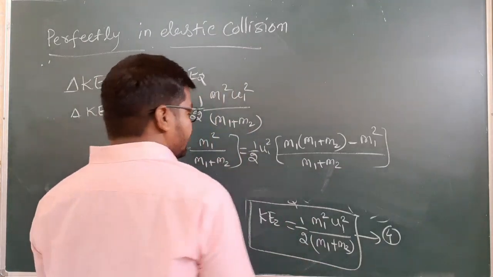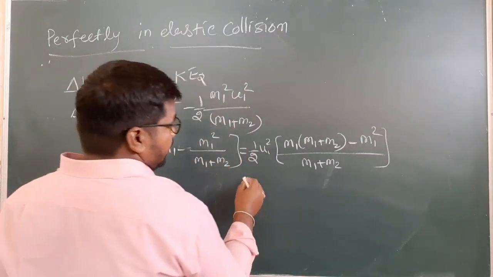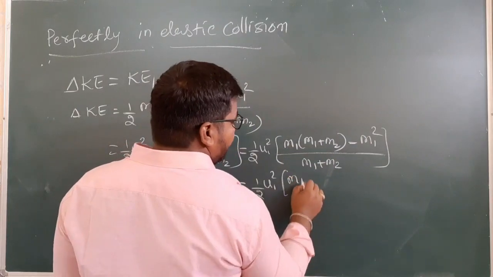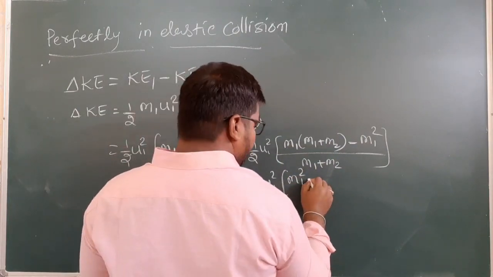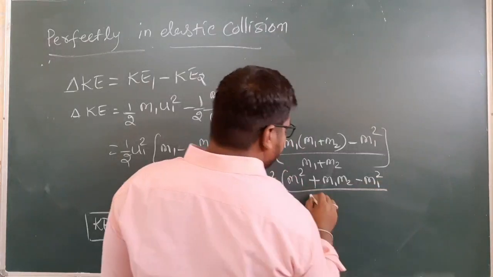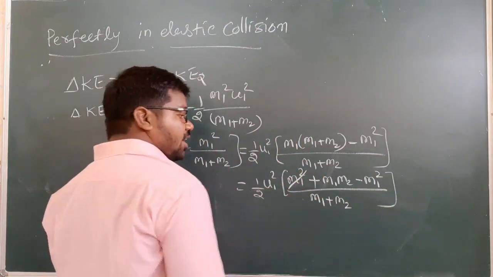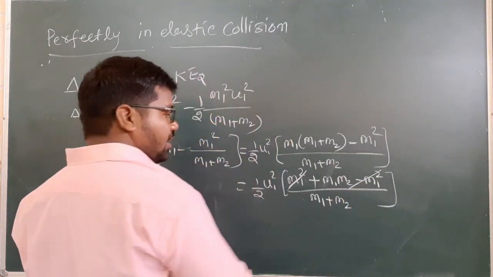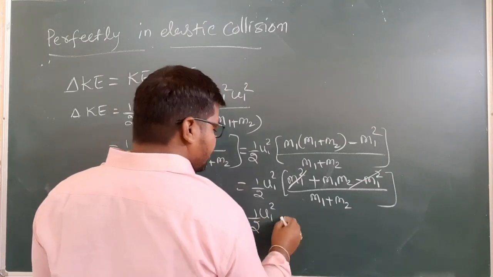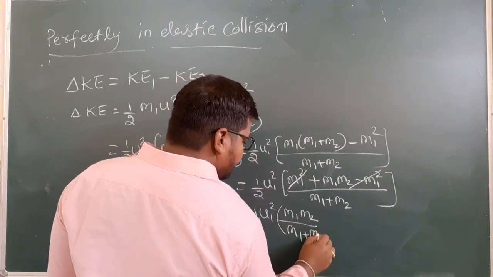Understand, my children? 1 by 2 u1 square into m1 square plus m1 m2 minus m1 square, divided by m1 plus m2. m1 square minus m1 square gets cancelled. We get 1 by 2 u1 square into m1 m2 divided by m1 plus m2.